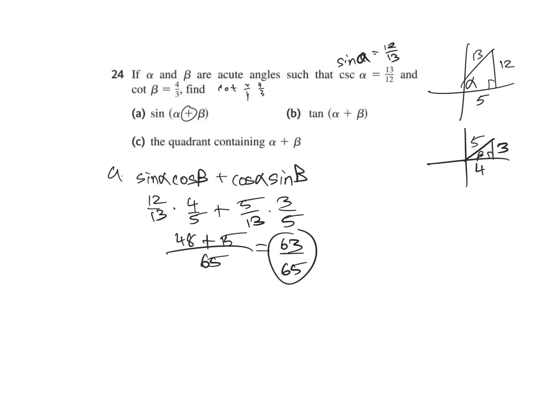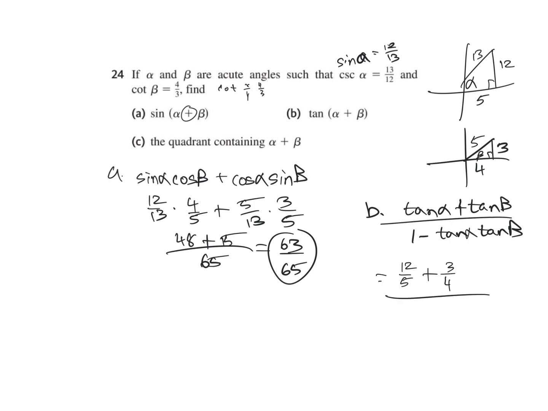Now B, a tangent. Addition tangent, this would be tangent of alpha, plus tangent of beta, all over 1 minus tangent times tangent. All right, so the tangent of alpha is going to be 12/5 plus the tangent of beta, which is 3/4, all over 1 minus 12/5 times 3/4.